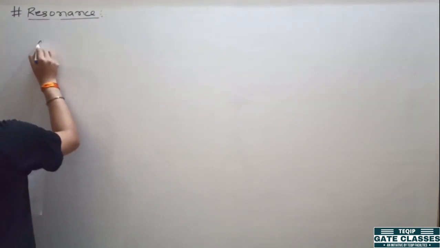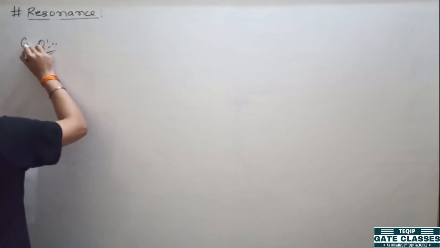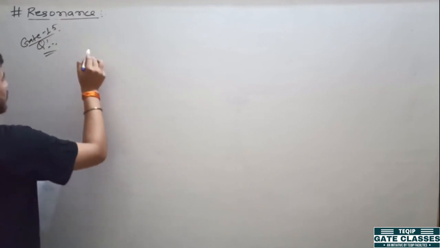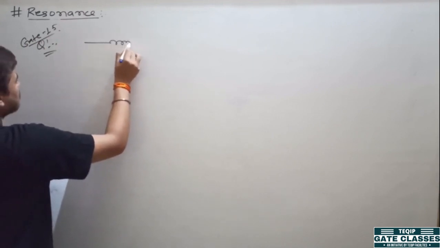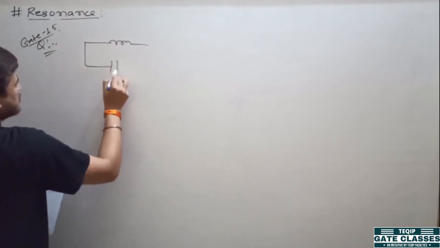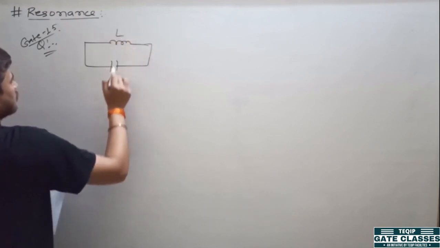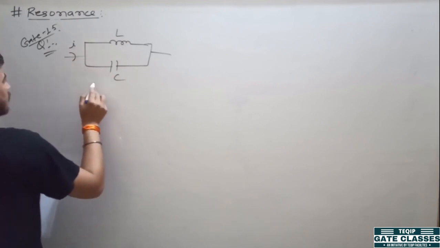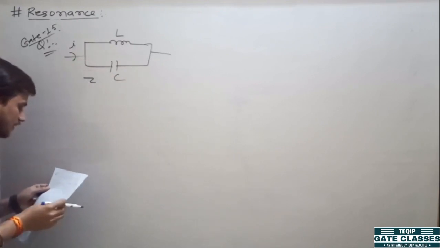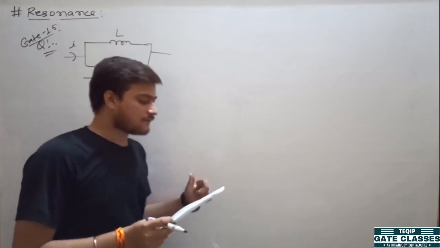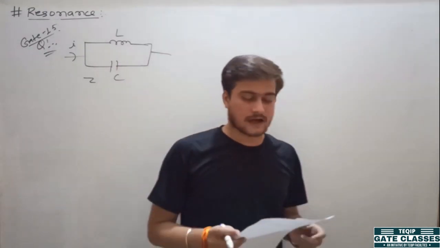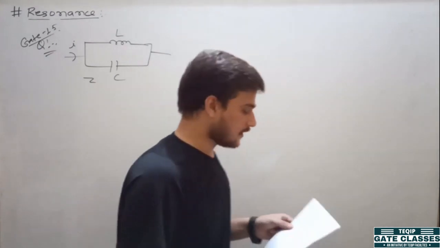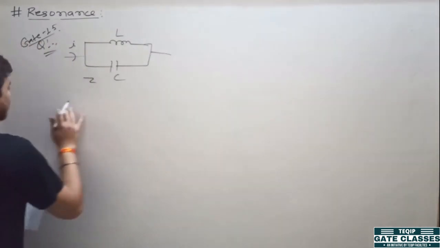See, this question was asked in GATE 2015. They have given you the circuit like this. L, C, current I is flowing through the circuit and the total impedance is Z. They are saying as frequency of current I is increased, the impedance Z of the network varies as. They have given some curves.